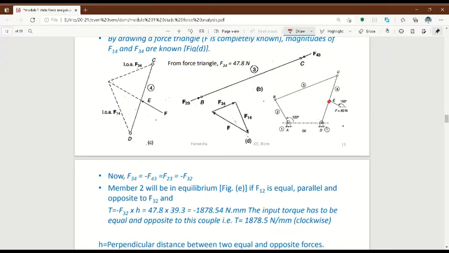The A to D line is there, no? You just extend it like this. Choose any point on this line. If you want to choose this point, you can choose this point, or if you want to choose this point, no problem.